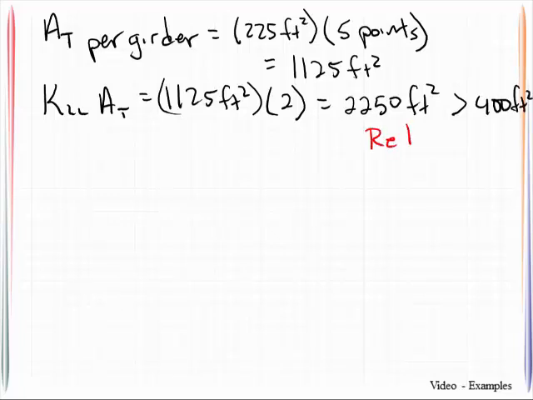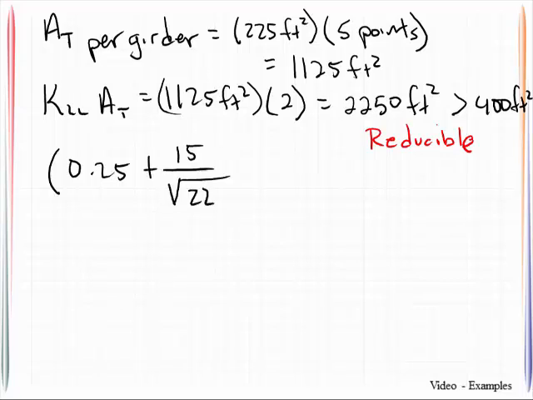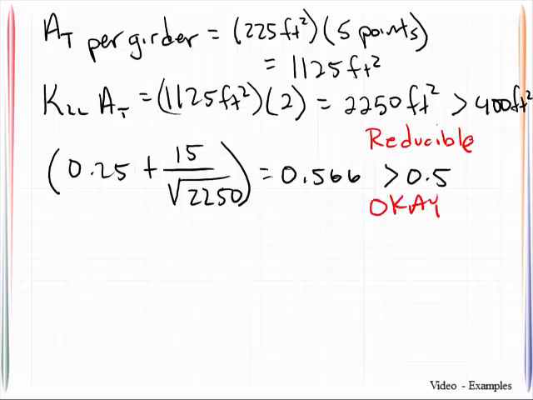So we know that this is reducible. Okay, so let's go ahead and compute that reduction factor. 0.25 plus 15 over the square root of 2250 equals 0.566, which is greater than the 0.5, so we are okay on that.